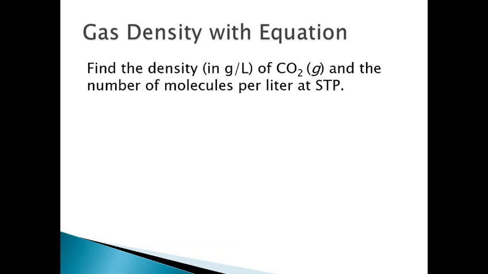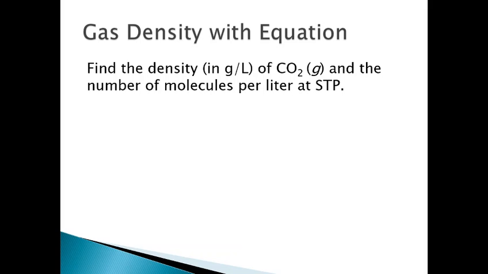The first thing you need to remember, as I mentioned in the previous video, is that STP stands for standard temperature and pressure. Standard temperature is 0 degrees Celsius, but more importantly, 273.15 Kelvin. Your standard pressure is 1 atmosphere. Additionally, using concepts from the previous chapters, if you're given a molecular formula like CO2 and a periodic table, or the atomic masses, you can easily determine the molar mass of your CO2.